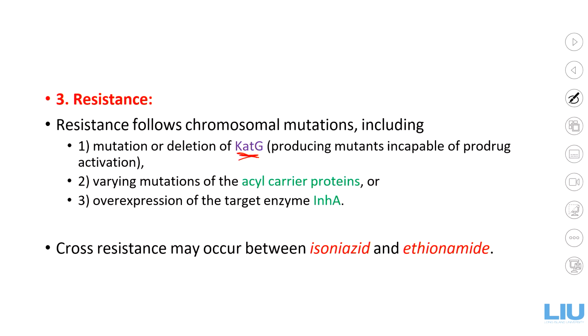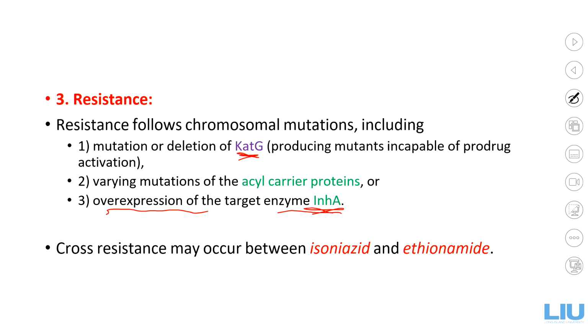The enzymes that are being attacked could actually be produced in a larger amount, okay? So if the drug attacks an enzyme, one way of resistance is you could mutate this enzyme. Another way is this enzyme could be produced in larger amount, such that the drug is not able to catch up with all those enzymes. What do we call this? This is called overexpression of the target enzyme, in this case, the InhA. Overexpression in protein science means that you have so much synthesis of this enzyme.